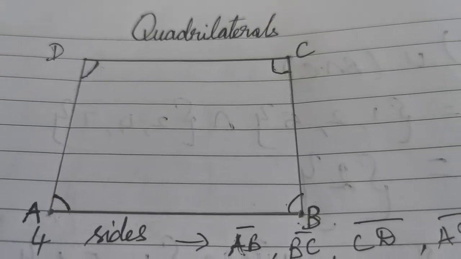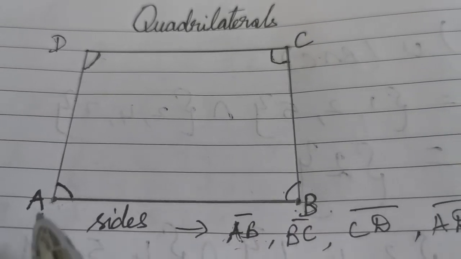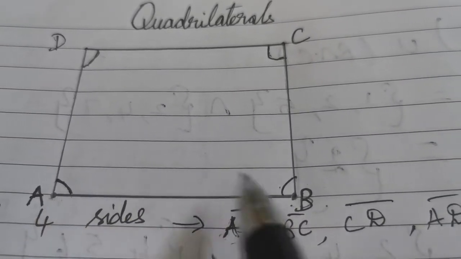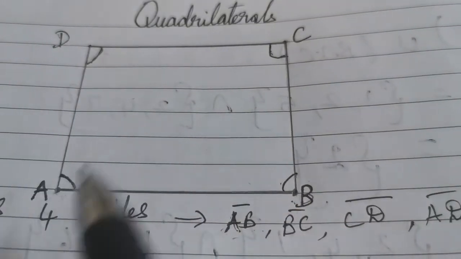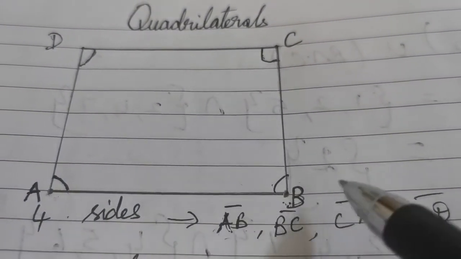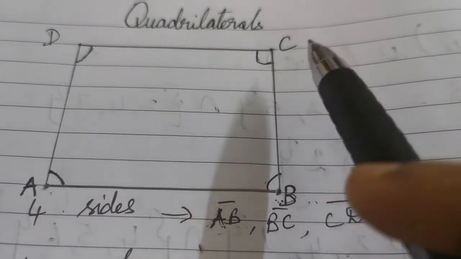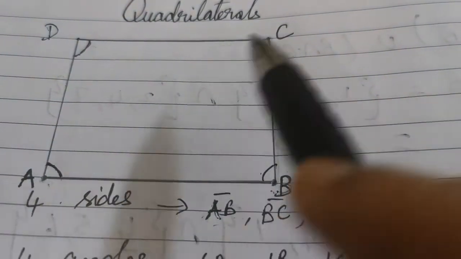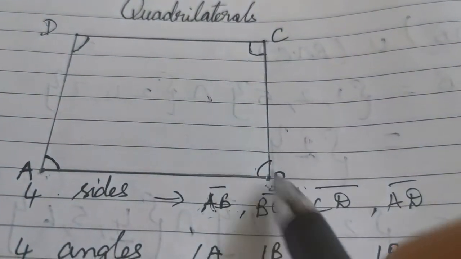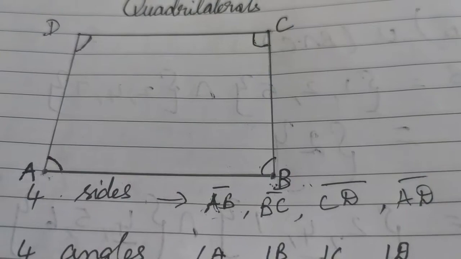So the next property is about the diagonals. So we learned that there are four vertices in a quadrilateral. Now if you take the vertex A, it is adjacent to B and D. The vertex B is adjacent to A and C. Adjacent means nearby. But A is not connected to C using any side. A is not connected to C and B is not connected to D using any line segment.